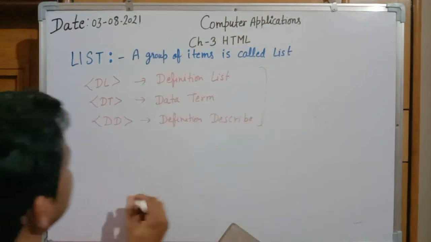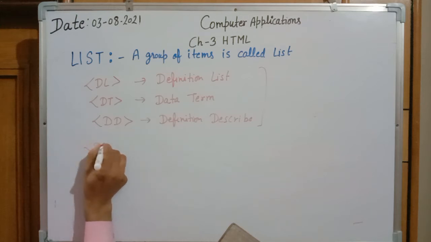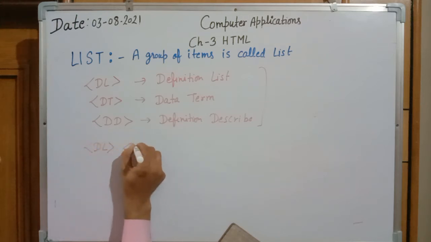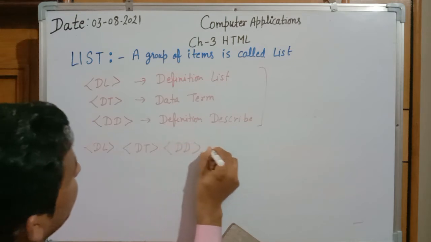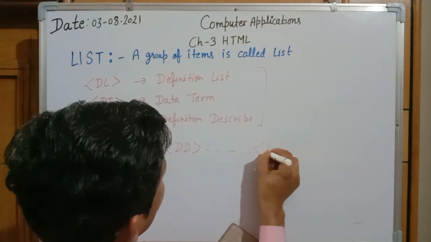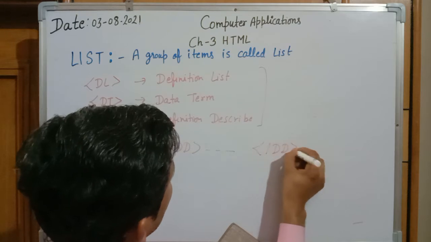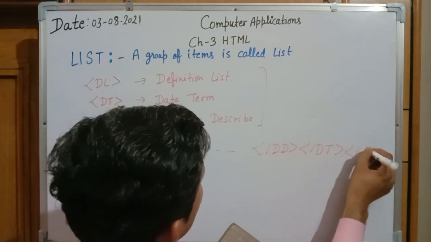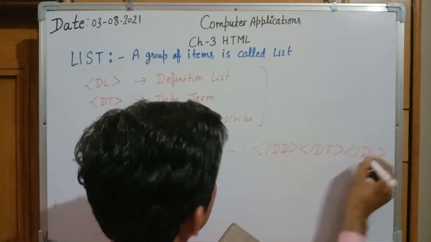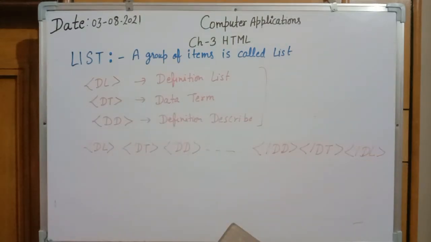The sequence will be: first DL will start, in DL DT will start, and in DT DD will start, and again it will be closed. First DD will be closed, then DT will be closed, and afterwards DL will be closed. This is the sequence of the definition list.